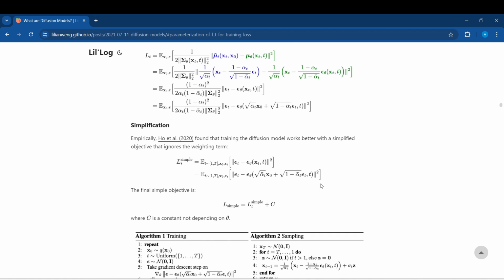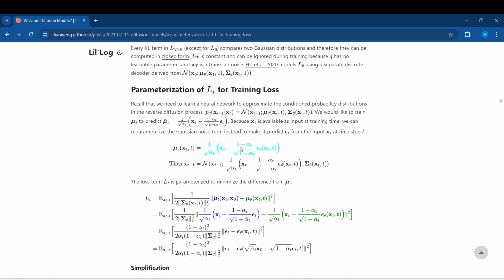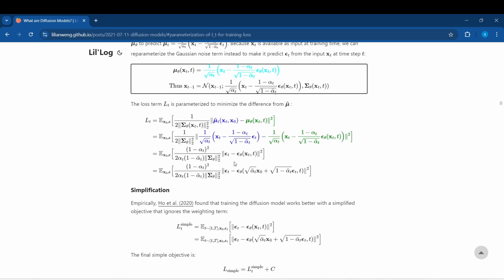Look at it here. Our mu theta becomes this quantity, where mu theta will predict the noise added at time step t given this image at xt. It will predict just the noise, and we are minimizing the distance between the predicted mean and the real mean.